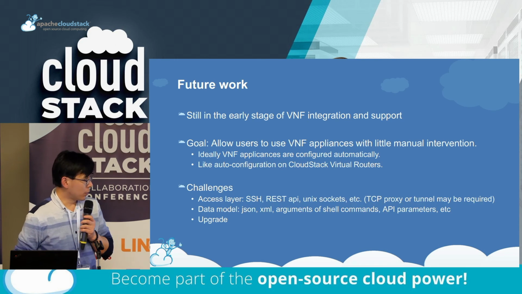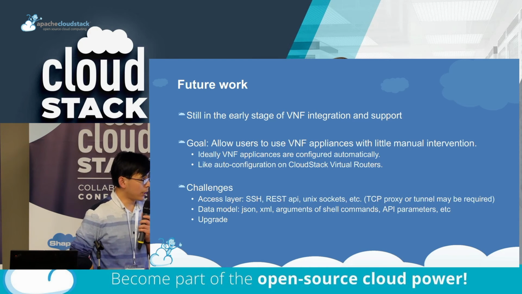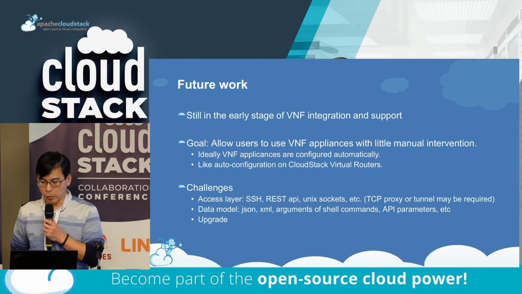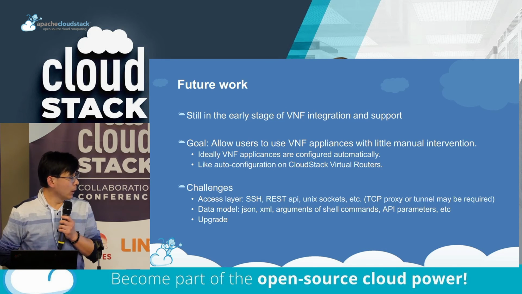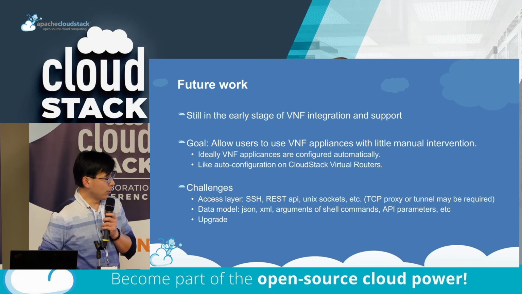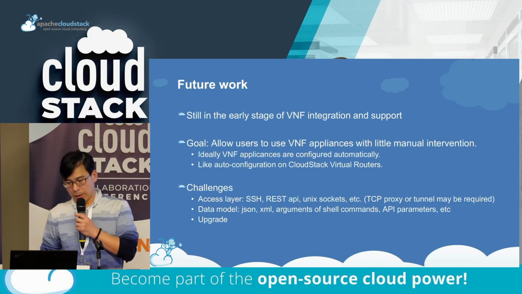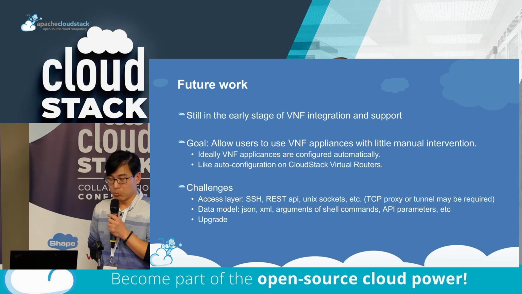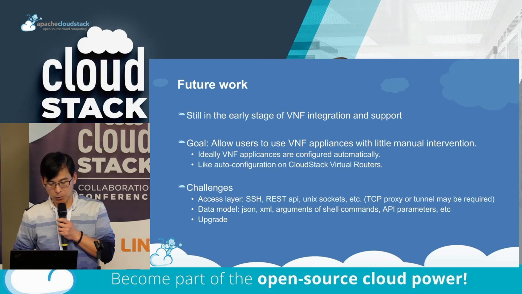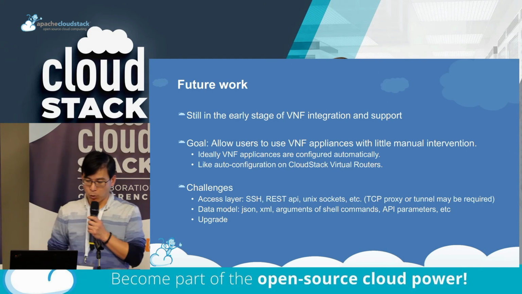For example, some VNF images are accessed by SSH or REST API or Unix socket, and some require TCP proxies or tunnels. And on the data model side, we probably need to support JSON or XML or HTTP parameters or some arguments for shell commands. And also the upgrade might be a problem.